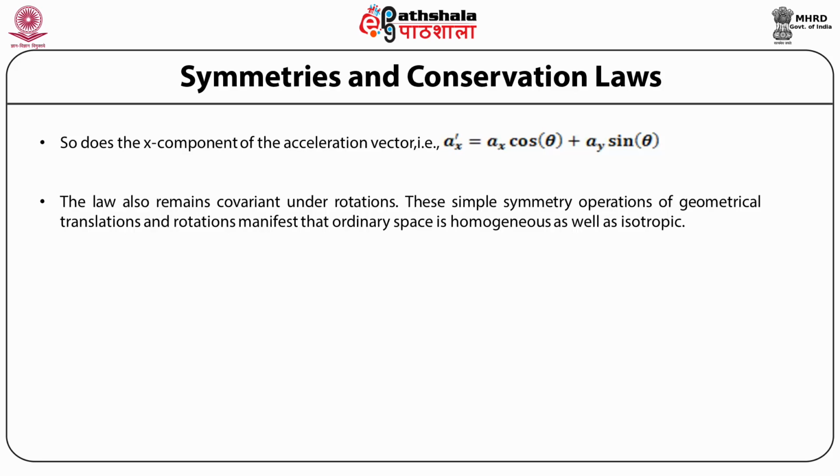What we mean is that under such space transformations, geometrical translation and rotation, the space is homogeneous, or the properties of the space remain the same when we move from one point to another, either through a geometrical translation or through a rotation.